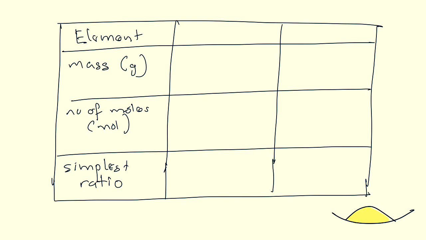You can determine the number of mole by using the formula mass over molar mass. The last one is simplest ratio. The simplest ratio can be determined by dividing the number of mole by the smallest number of mole between the elements. The next example will show you how to insert the values into the table.